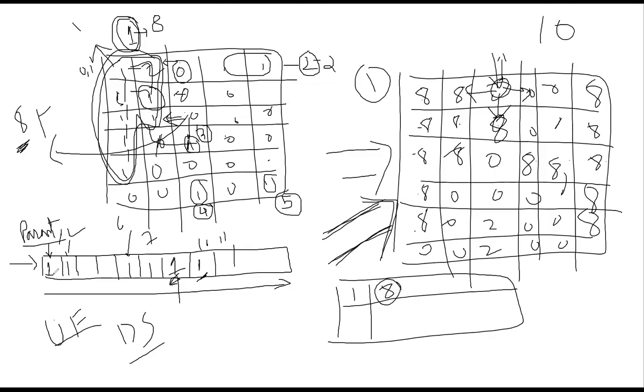It's up to you. It may happen that the entire grid has only 2 ones and the rest is all 0. So you don't want to burden your parent array. It's essentially a lookup data structure, which will help you immediately identify what the identifier is for the group where this index belongs.